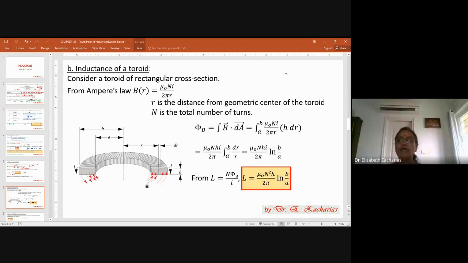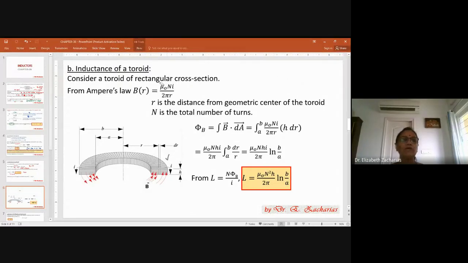I remember somebody in the class giving me an example of a donut. A donut normally has a circular cross section, but then a toroid need not have a circular cross section. It can even have a rectangular cross section. Like for example, you see here, this picture is showing a half of a toroid, but the cross section is a rectangle.